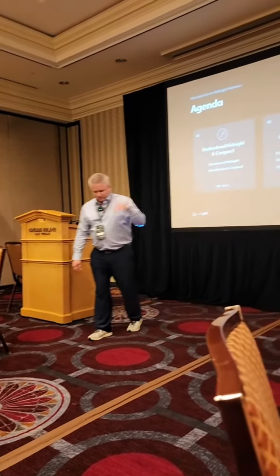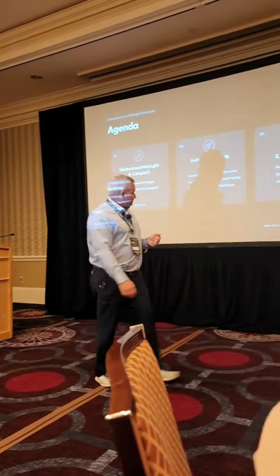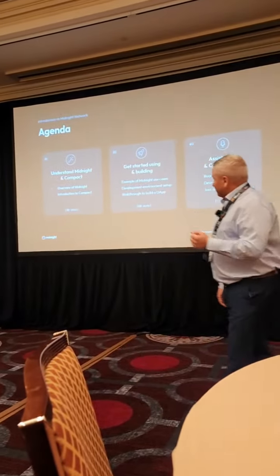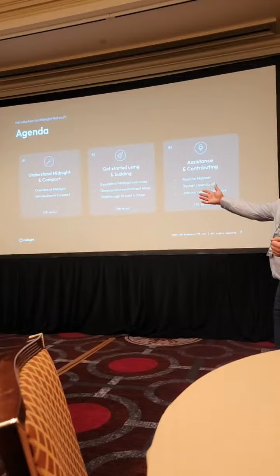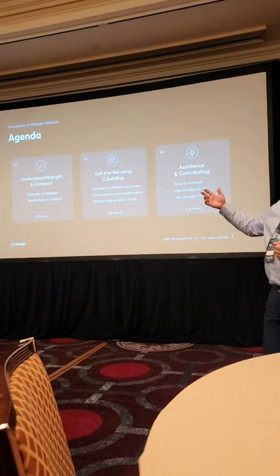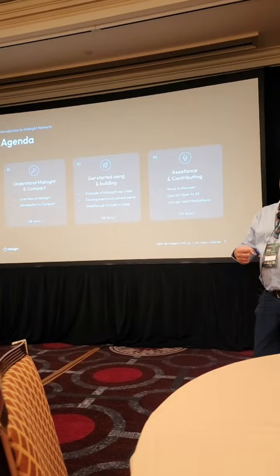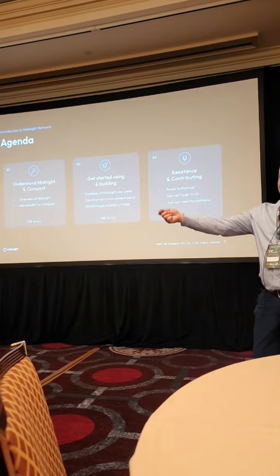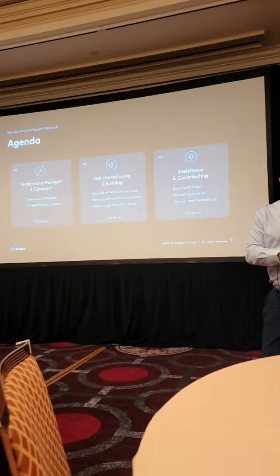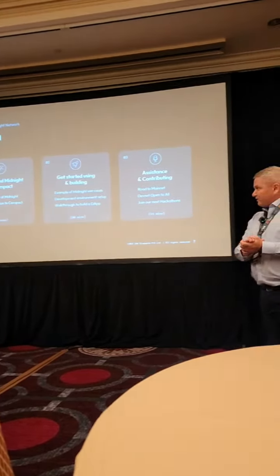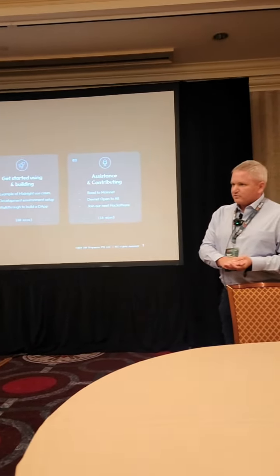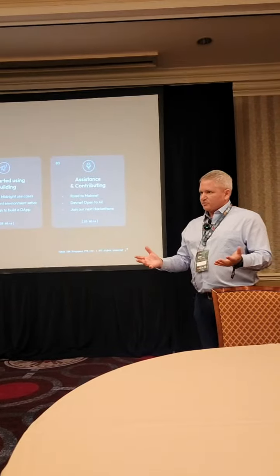So just kind of driving down the agenda a little bit, right? So the 3 objectives, just like a moment ago. So the overview of Midnight, you're actually going to, I think by the end of this, understand how we perform this function where we have private data and that we can interact with smart contracts. In addition to that, you're going to get introduced to Compact. So Compact's a smart programming language that we provide.